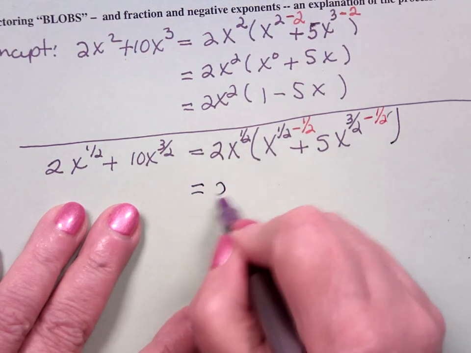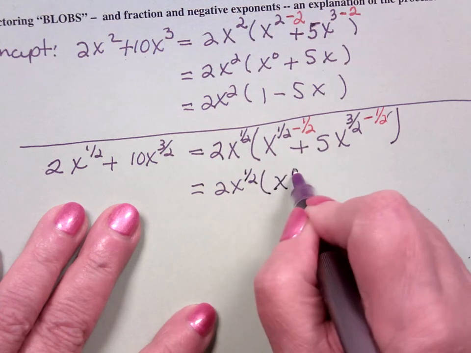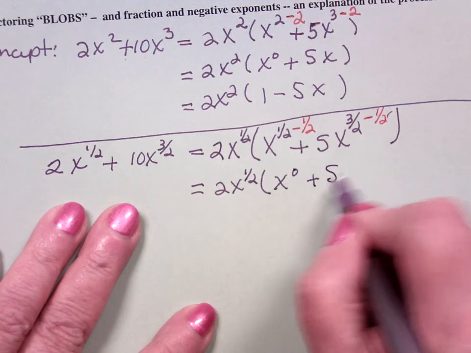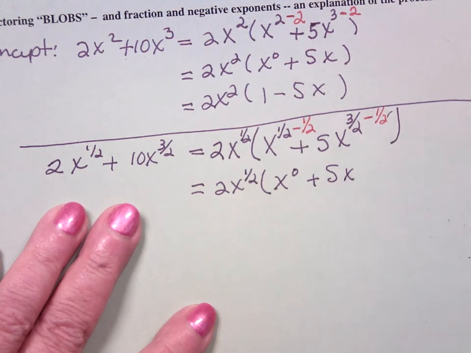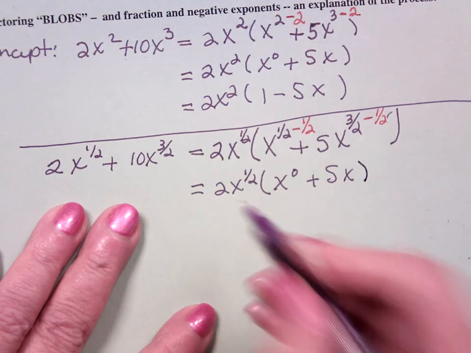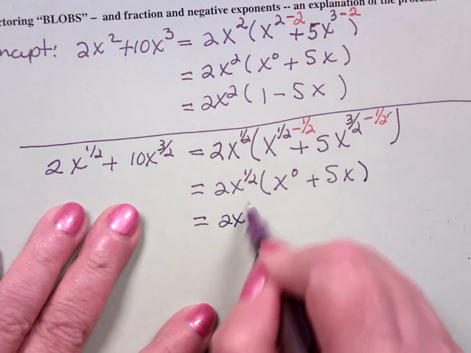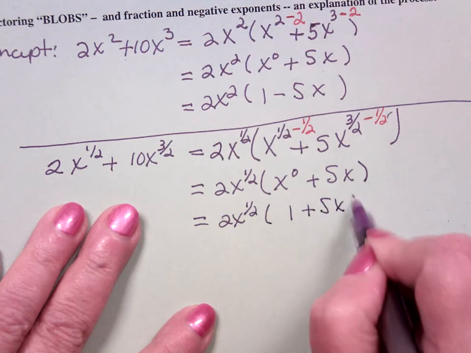So I'm going to have 2x to the 1/2 times x to the 0 plus 5x, 3/2 minus 1/2 is 2/2 or 1, or 2x to the 1/2 times 1 plus 5x.